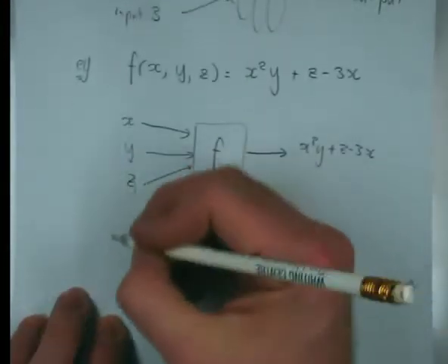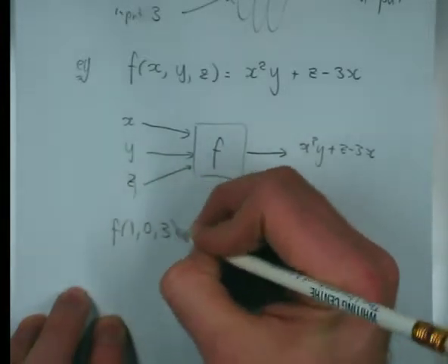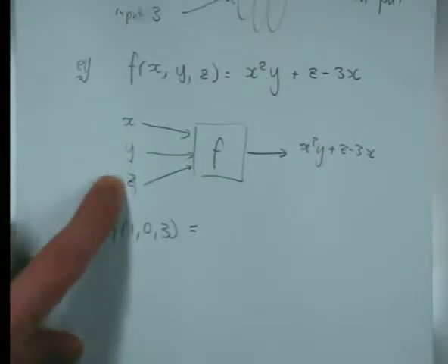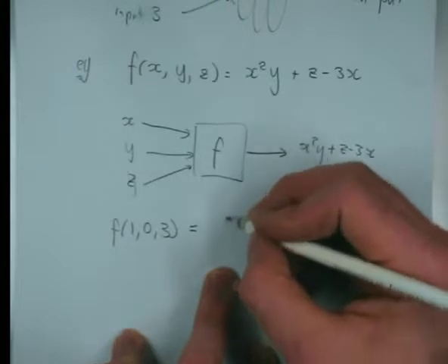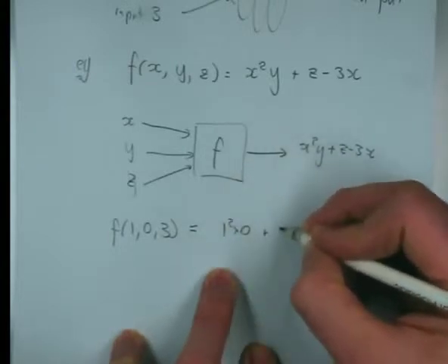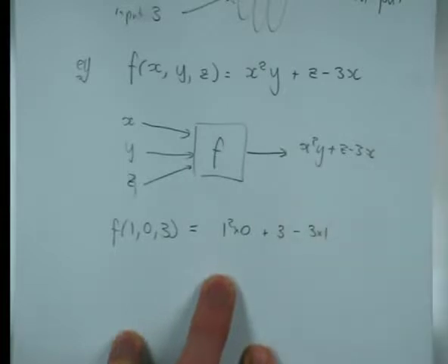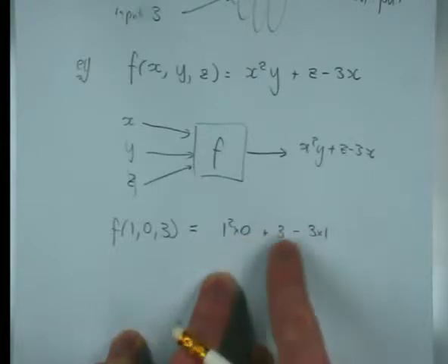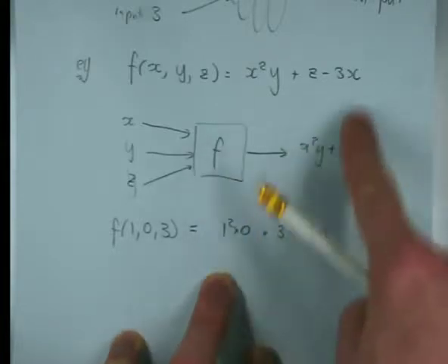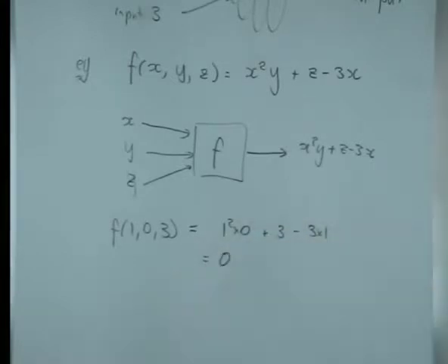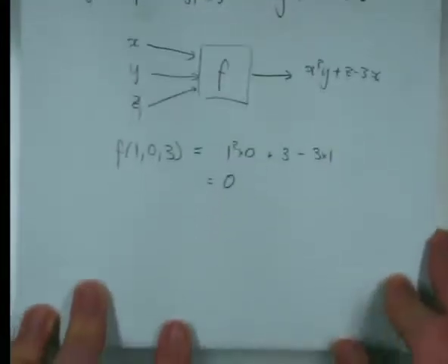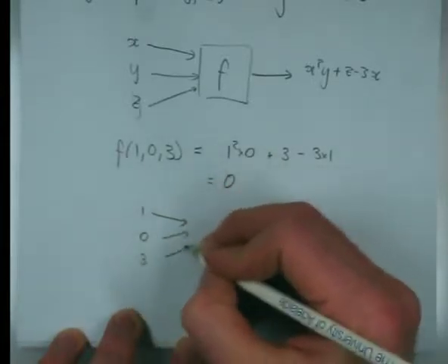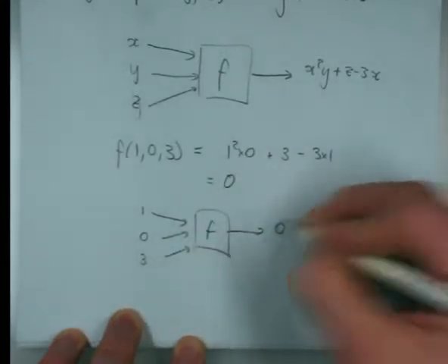So as an example, f of 1, 0, 3 would mean that my x is 1, my y is 0, my z is 3, and I put them all into the formula, and I get 1 squared times 0 plus 3 minus 3 times 1, because the x was 1, so 1 squared, the y was 0, so 0, the z was 3, and the 3 is still a 3, and the x is a 1, and I figure all that out, and it comes out to, ooh, 0, okay, didn't expect that. And so in terms of my picture, I've got the number 1, the number 0, the number 3, they've gone into my function, and it's spat out the answer 0, okay?